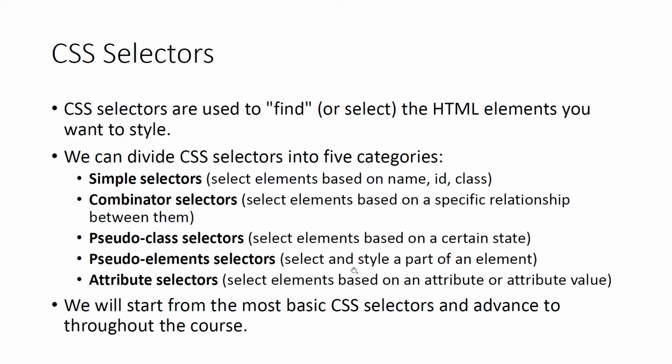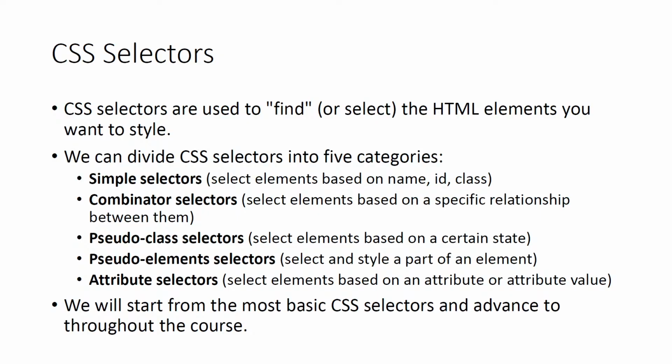Then the pseudo element selectors help us whenever we want to add a style to a section of the elements that we have. Then for the attribute selectors, later on, as you're going to see, we want to add the style to that particular element, but we want this style to be added to that specific element only if it has this attribute or this kind of value as its attribute.